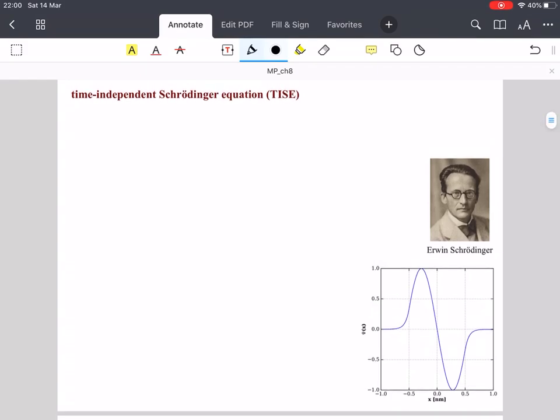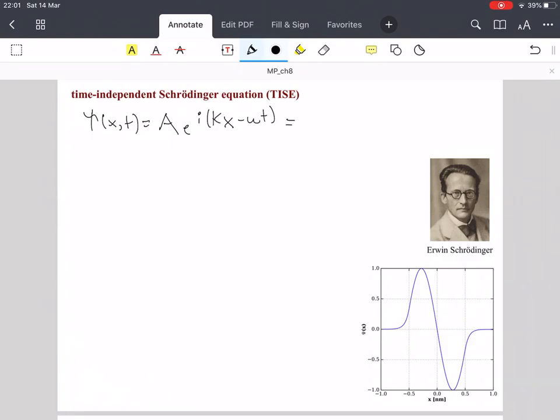And what we can do is start with the traveling wave, but we separate out the time and the spatial components. So we have the wave function psi of x and t equal to A, which is a constant, times the exponential of i, the imaginary number, times the wave number k, times x minus omega t.